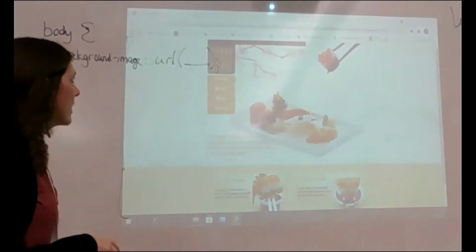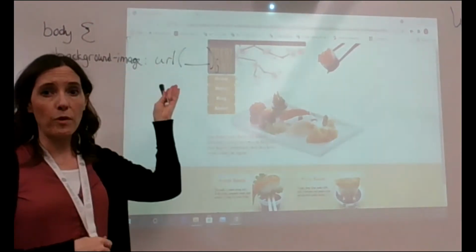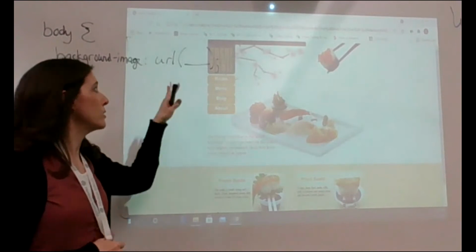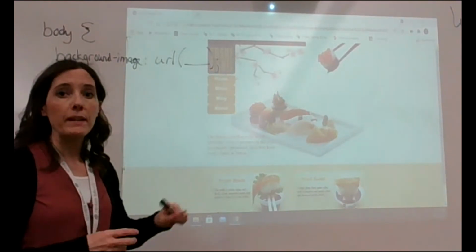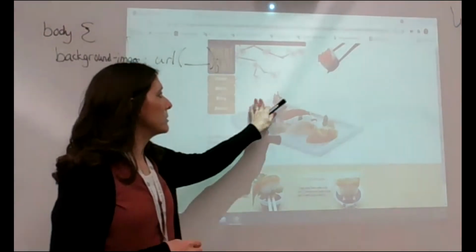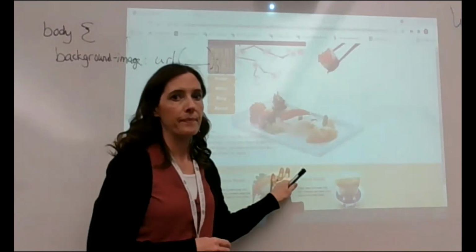I'm just going to put url. If you decided to put an images folder in the sushi folder, then yours will look a little bit different. But just make sure that it's that file name for this picture right here.